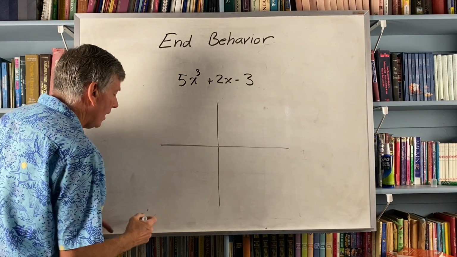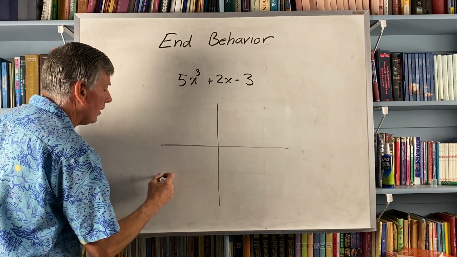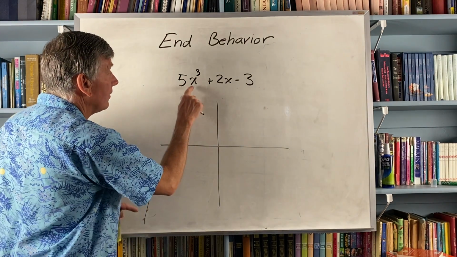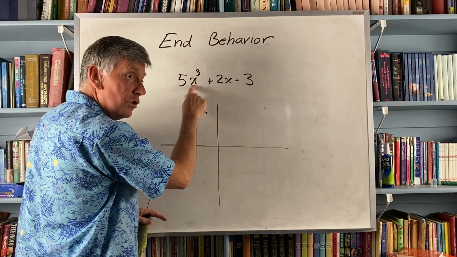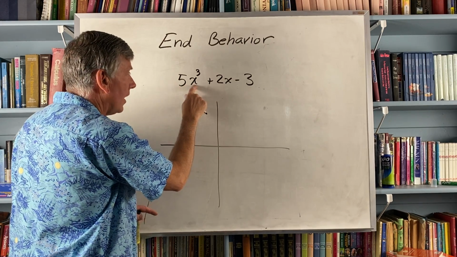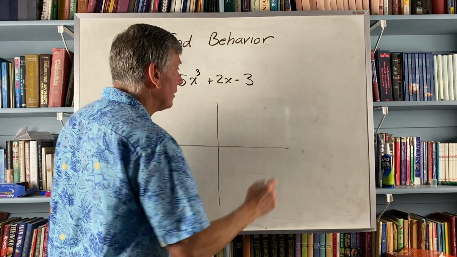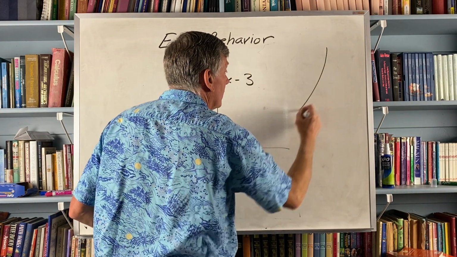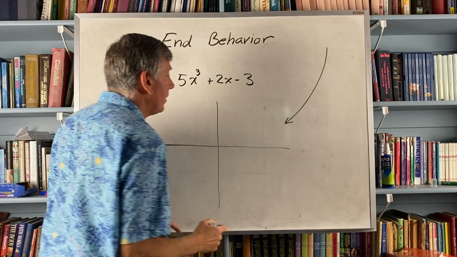Times the 5, I'm going to be coming up from below here, whatever happens. Now when x is positive, x cubed is positive, 5 times x cubed is going to be positive, and so my end behavior is going to be coming up from above there.